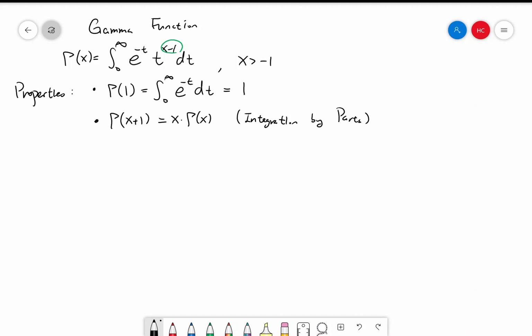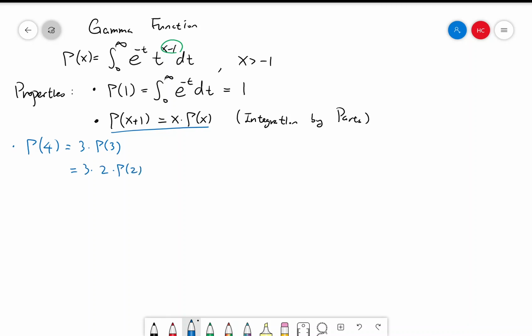Well, with these two properties, we can calculate gamma values of integers. So for example, if we want to calculate gamma of 4, then using the second property, this is equal to 3 times gamma of 3. And if we use it again, this is equal to 3 times 2 times gamma of 2.